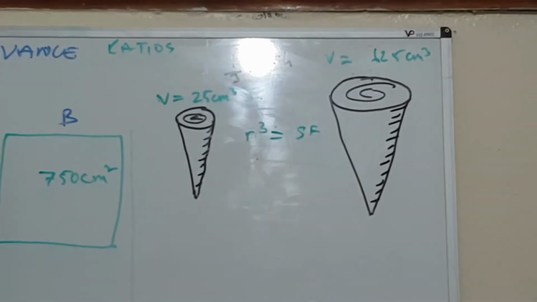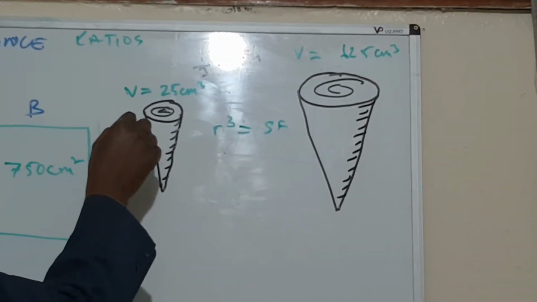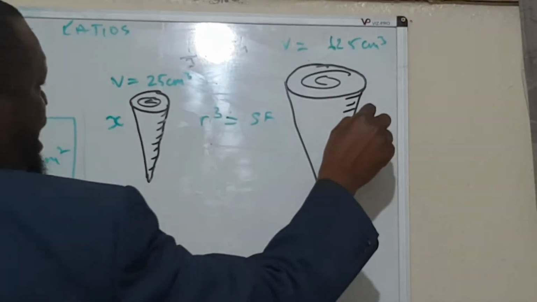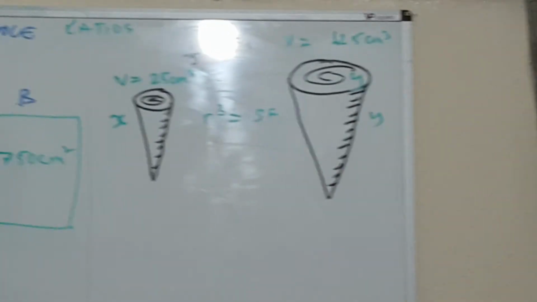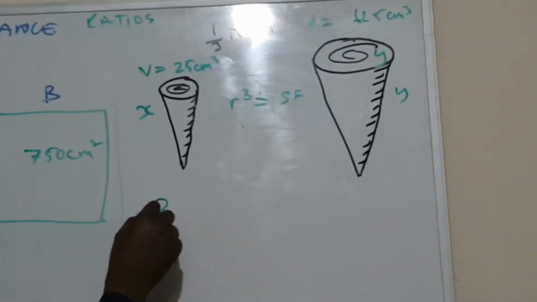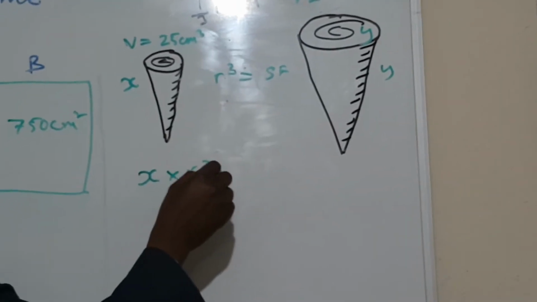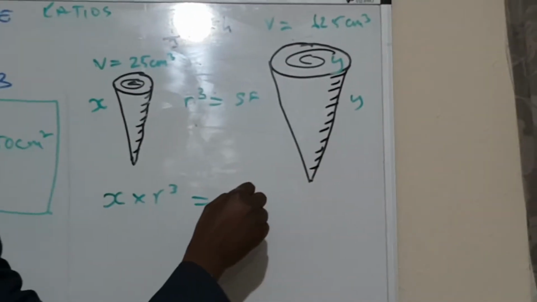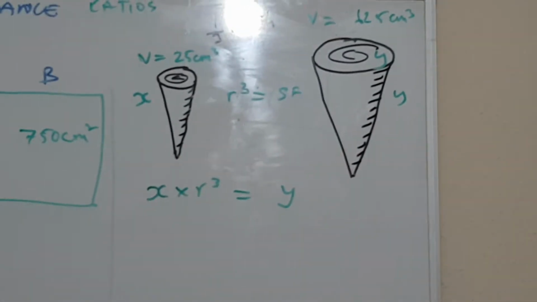So if we call this our cone X and this our cone Y, then mathematically X times our scale factor cubed will be equal to cone Y. Do you get it?